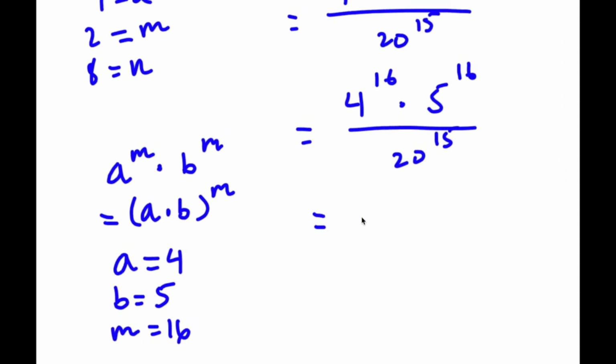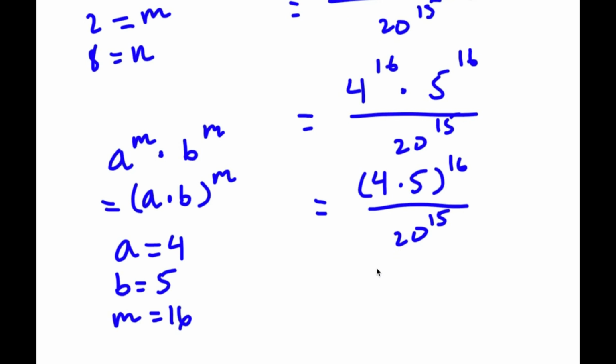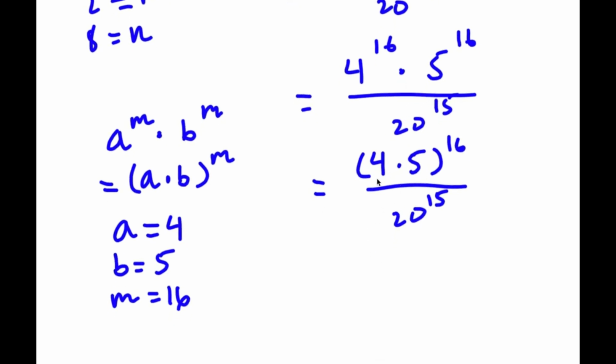So now this will equal a times b to the power of m, so 4 times 5 to the power of 16 divided by 20 to the power of 15. Now 4 times 5 is equal to 20. So I have 20 to the power of 16 divided by 20 to the power of 15.